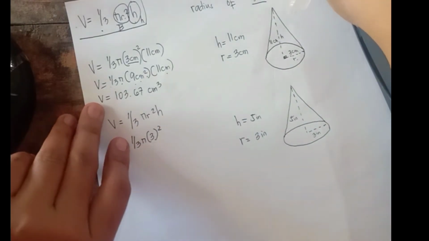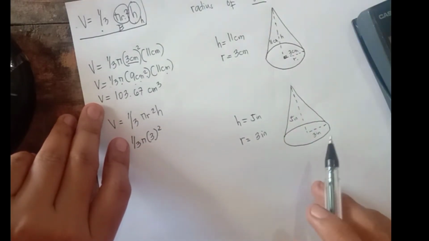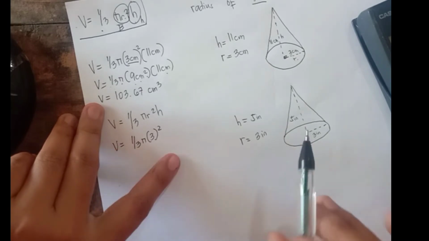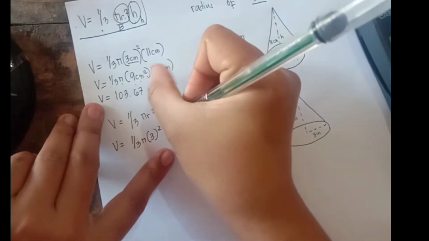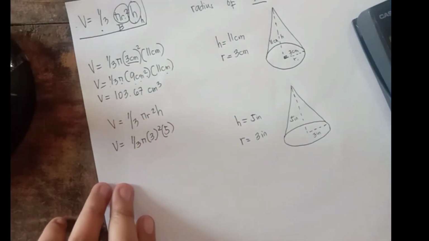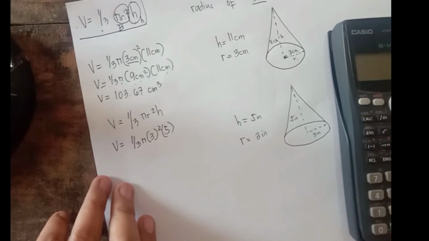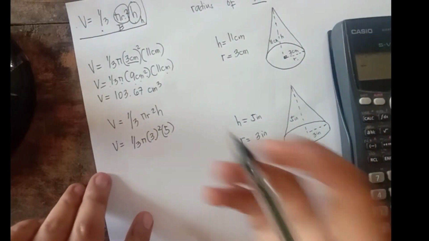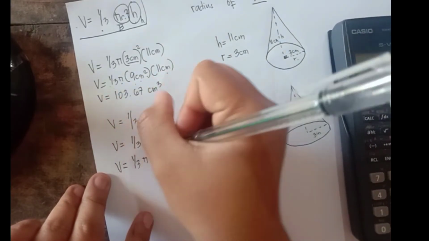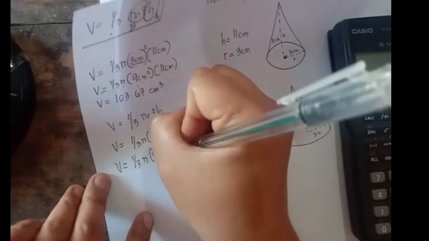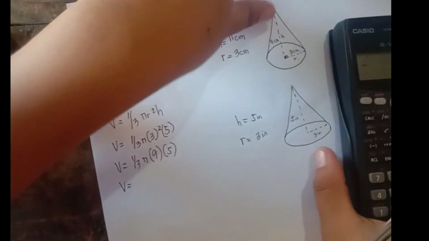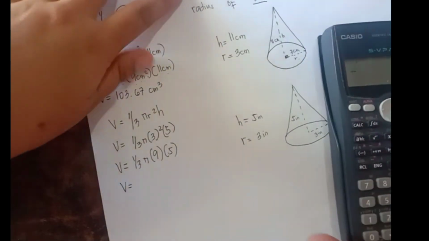Then, how about ang ating height? Yes, ang ating height is 5. Now, let us simplify the 3 squared. So, 3 squared is equals to 9. 1/3 times 5 is equals to 9 times 5.